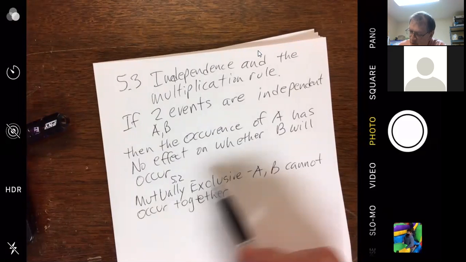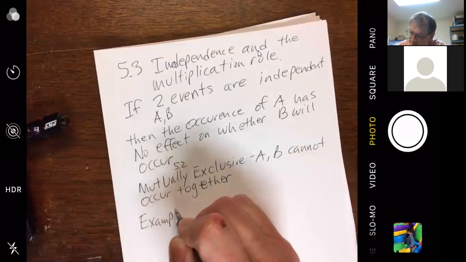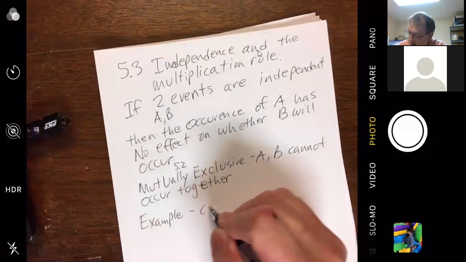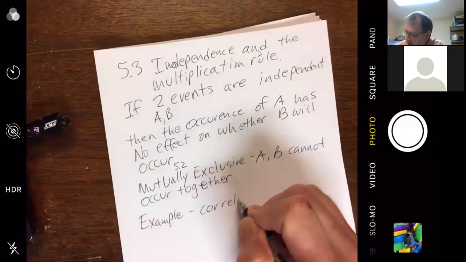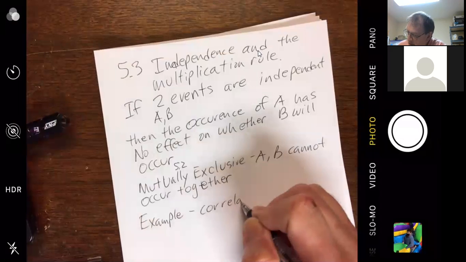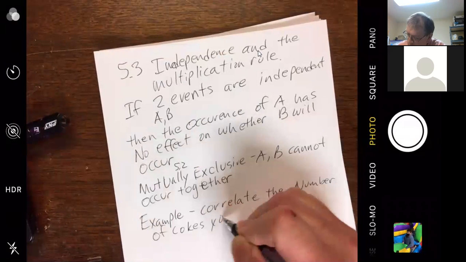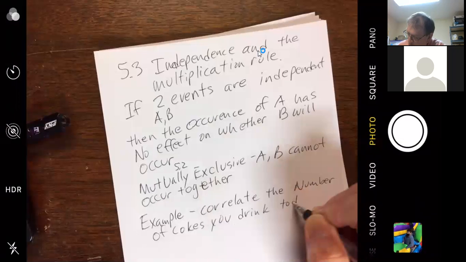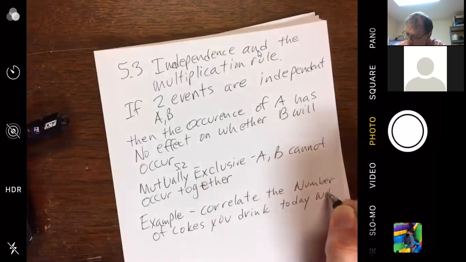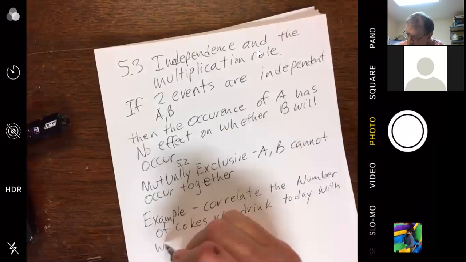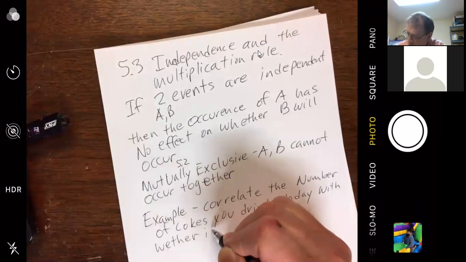Just for an example, we could correlate the number of Cokes you drink today with whether it will rain today.